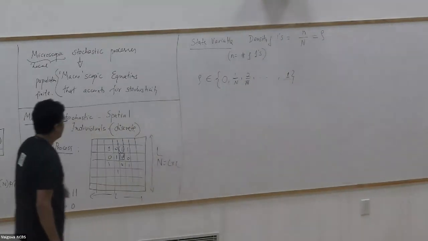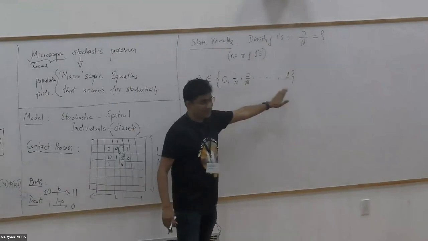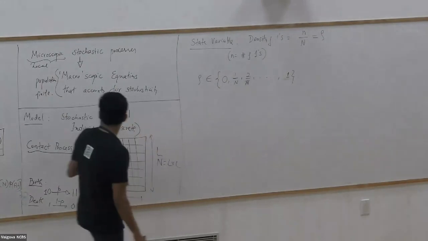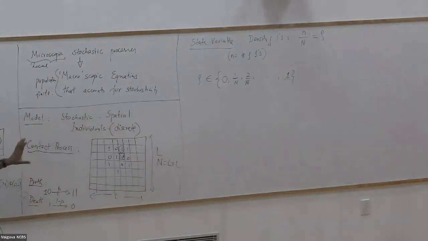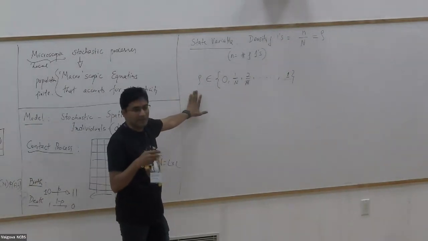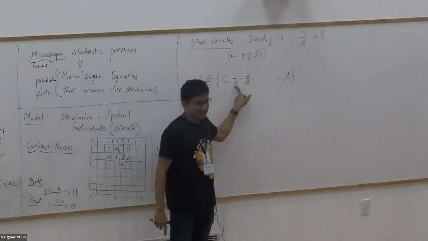Now we know the possible values that the density can take, and we would like to now know what the transition probabilities are given these two processes. Okay, so what does birth do to density? It increases it by how much? 1 over n, right?